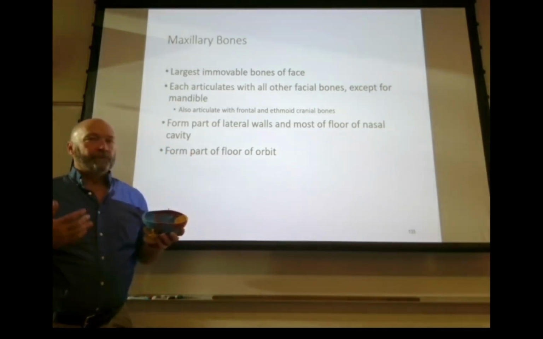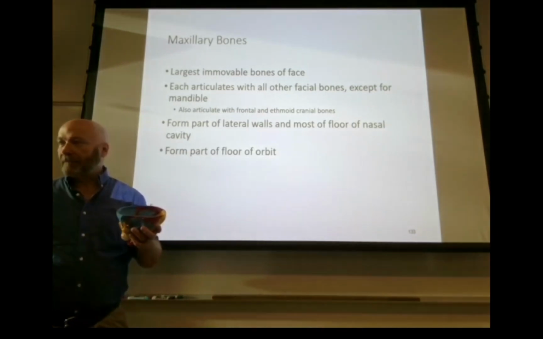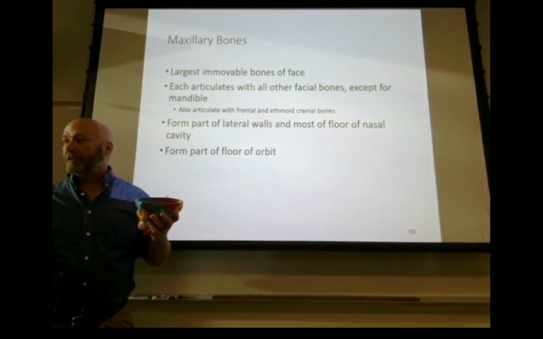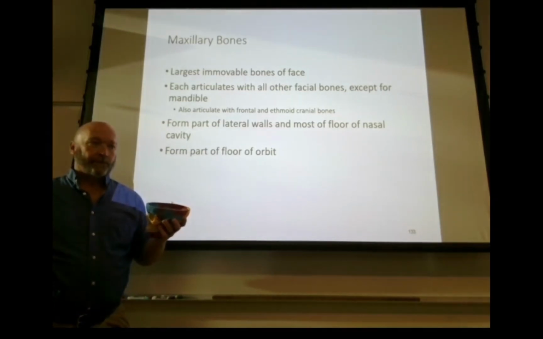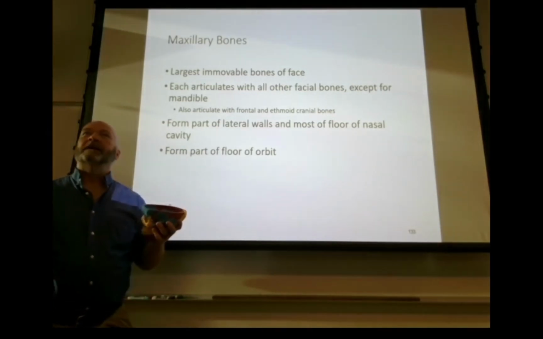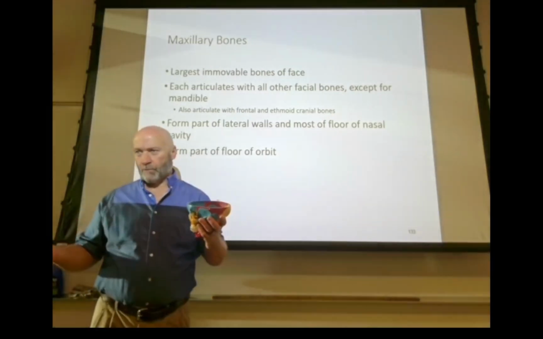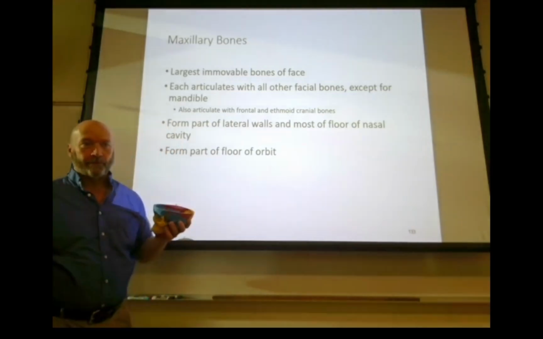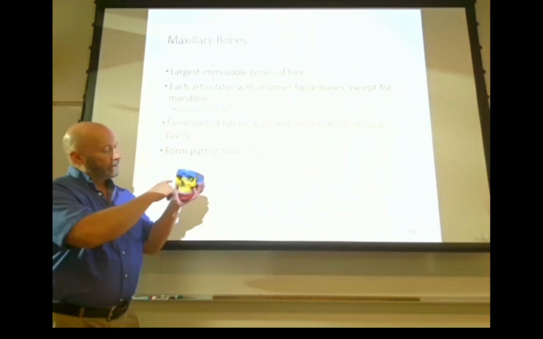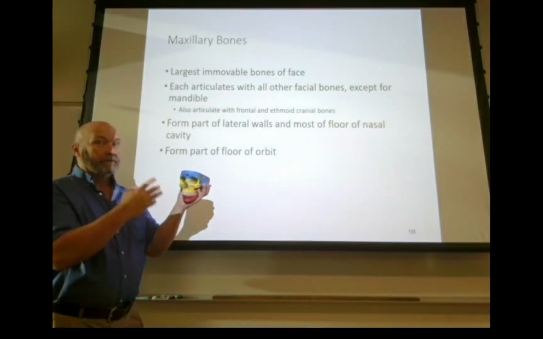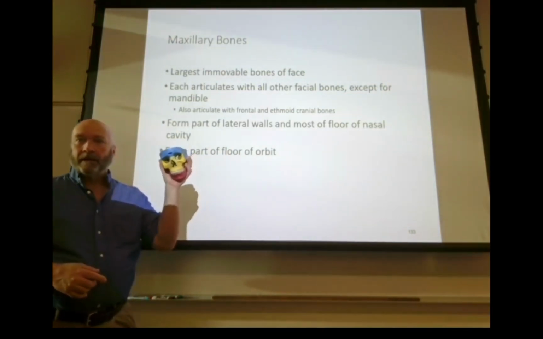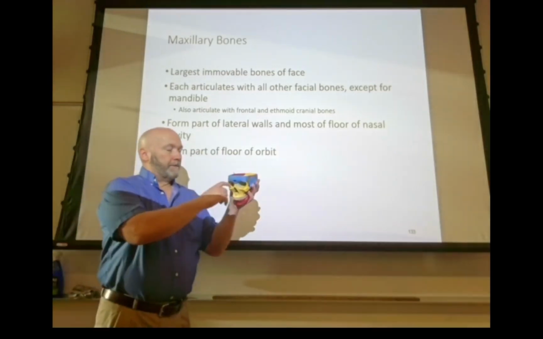If you've watched any kind of combat sports, and they say that somebody got an orbital fracture, there's no such thing as an orbital bone. What they're talking about are fractures or disarticulations of some of the bones that create the orbit. So one of those may be the floor of the orbit.